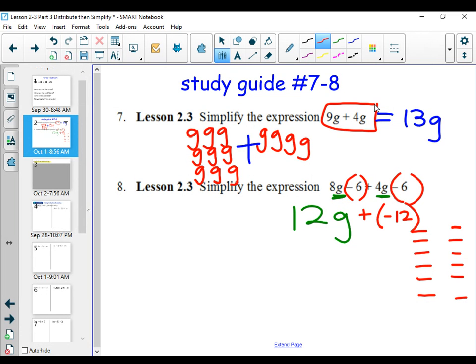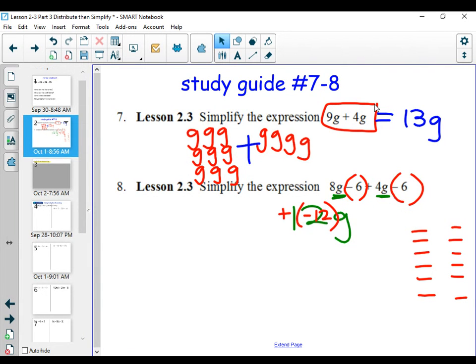All of those negatives can go together for 12 negatives. However, I cannot put the negative 12 with the 12G. Those negative 12s are not gorillas. They cannot go in the pen with the other gorillas.